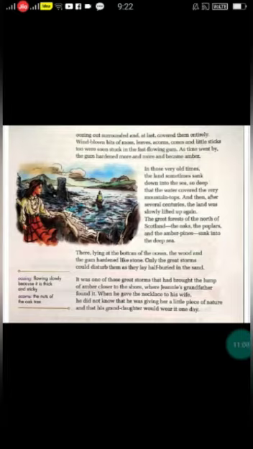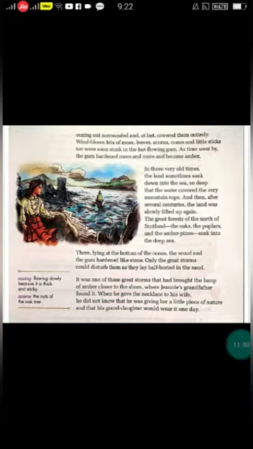Only the great storms could disturb them as they lay half buried in the sand. So only when the great storms appear, could they disturb those amber stones, which lay half buried in the sand.